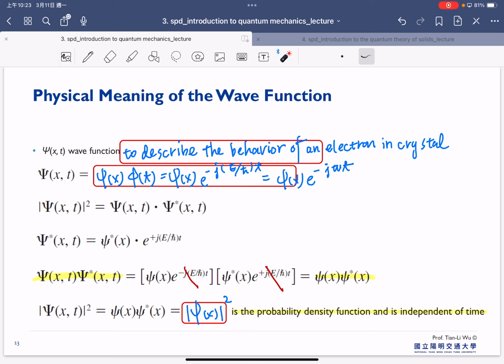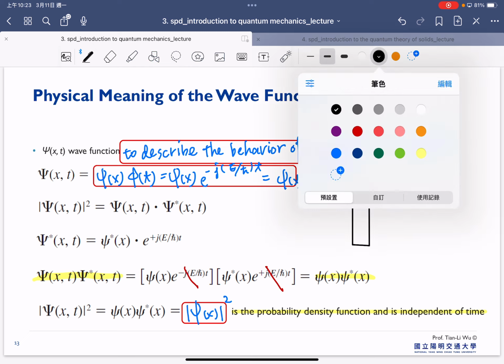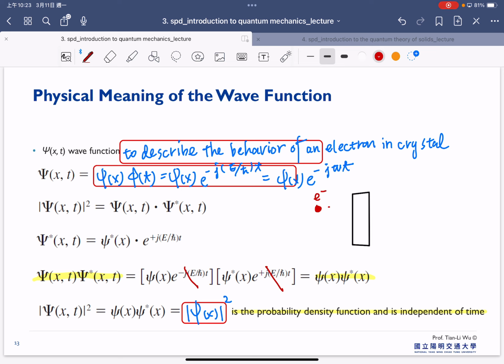So if right now we consider the case we are interested in, which is electrons moving to the right, then the electron on the right-hand side is related to the probability, and that is only location dependent.